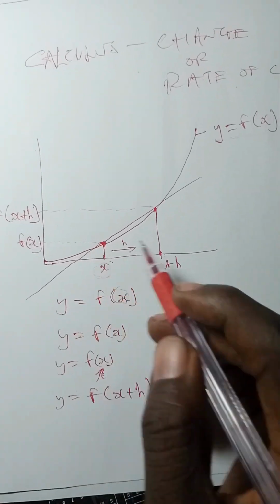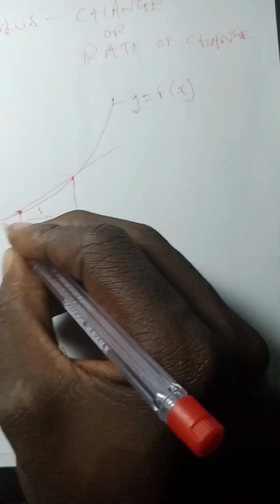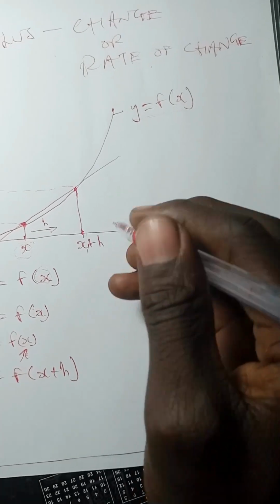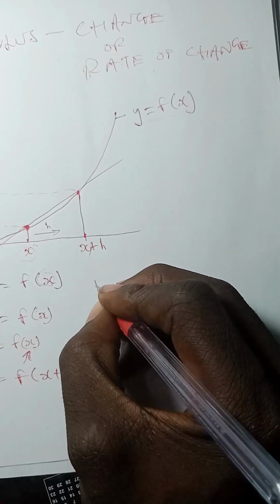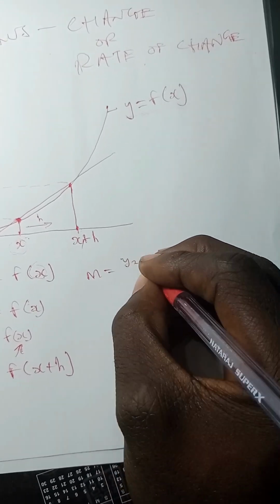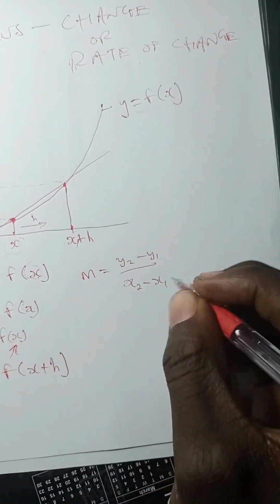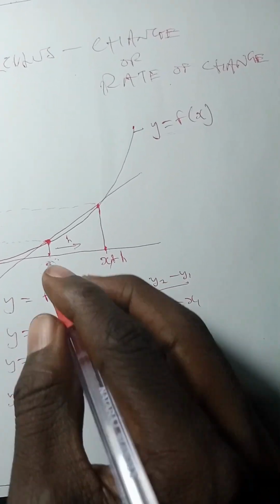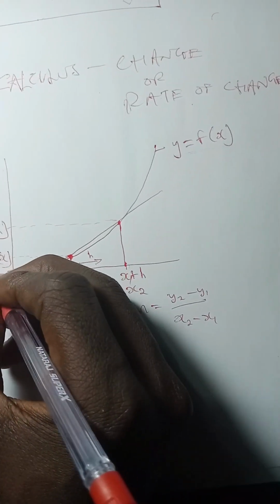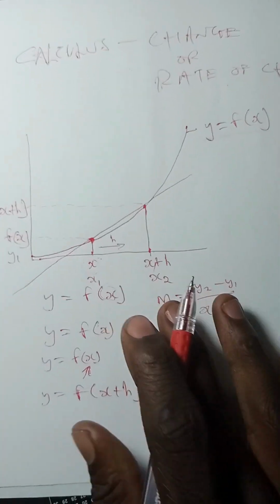We need to find the coordinates of both points, because we know that the formula for finding the gradient is simply m equals y2 minus y1 over x2 minus x1. Here we know that this is x1 and this is x2. We know that this is y1 and that is y2.